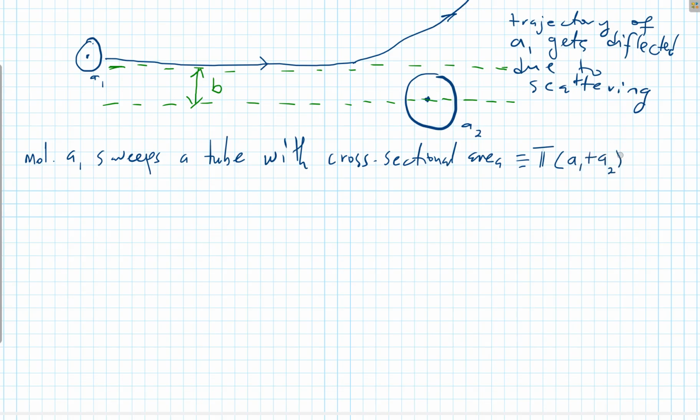So A1 plus A2 is r, so the area is pi r squared. So pi times, in brackets, A1 plus A2 squared. Okay, and actually this is the meaning of sigma, the cross section. So it's like the cross-sectional area.